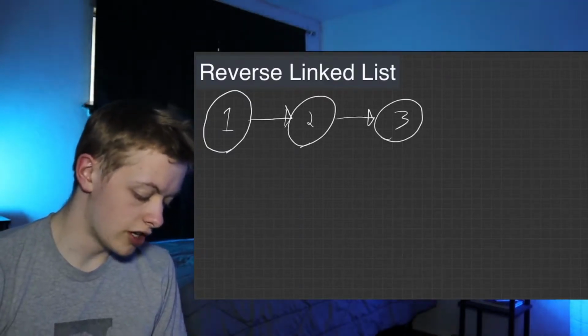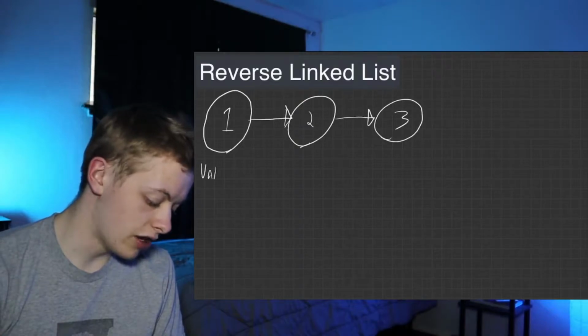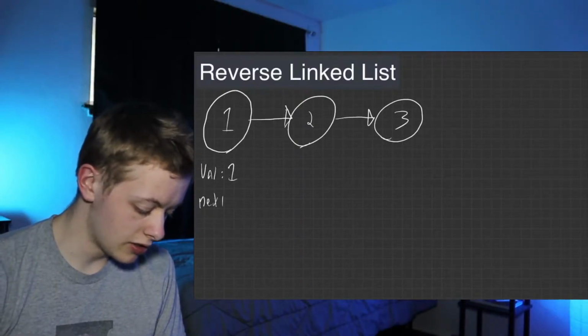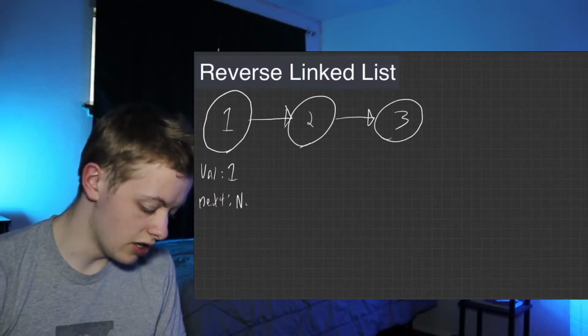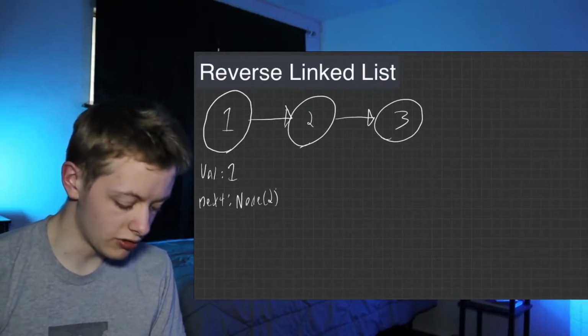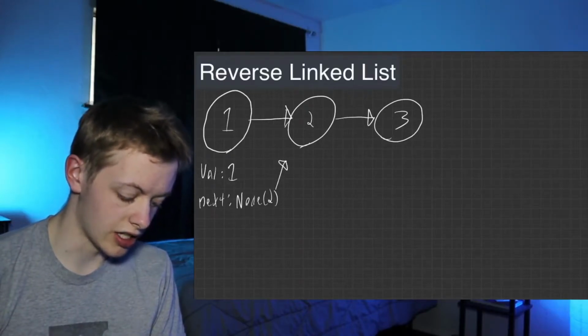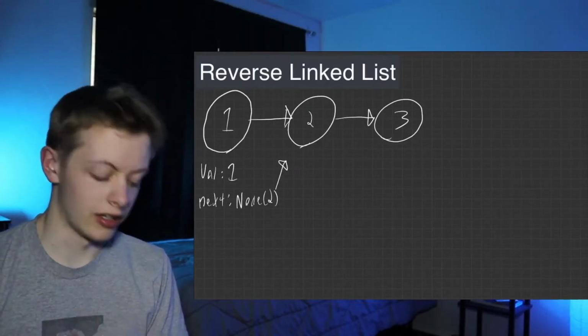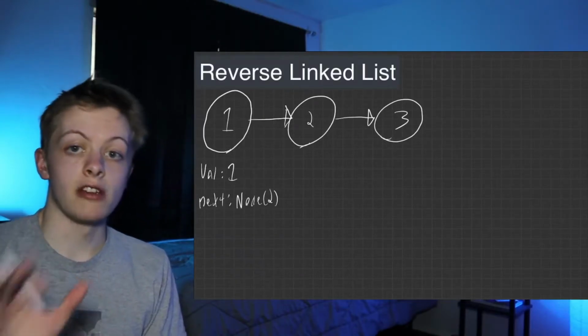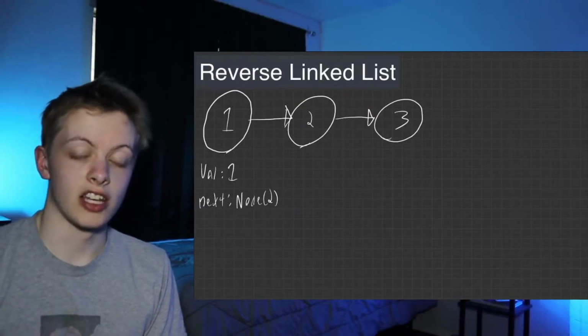Node 1 has a value of 1 and its .next property is the node with the value of 2. And this is specifically the node that's right in the middle of the list. And so since it's that node, we have to be very careful about changing that .next property.